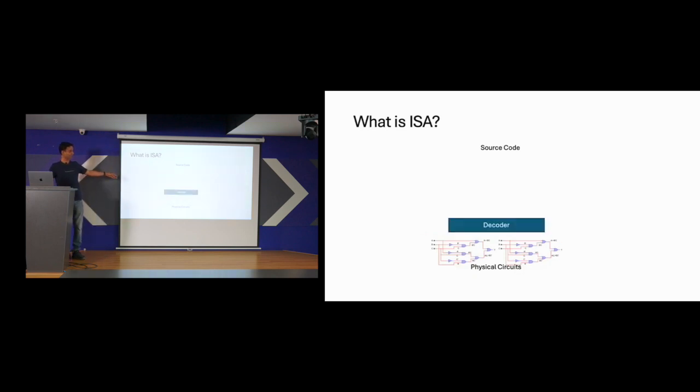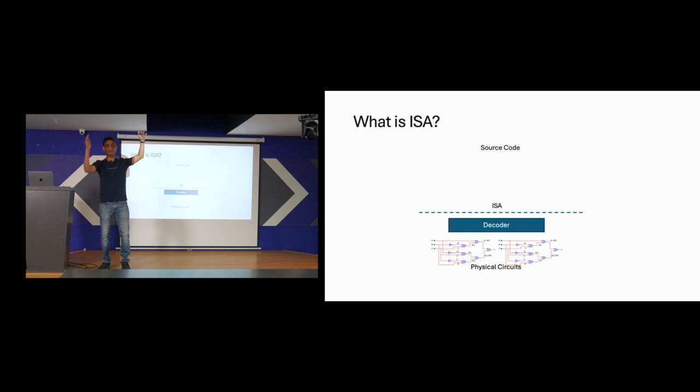In practice, what we have though is the concept of a decoder. In very early CPUs, the ISA was directly representative of the physical circuits. But in modern CPUs, you have the concept of a decoder, and the ISA is the language that the decoder understands and translates into what are known as micro ops, micro instructions.